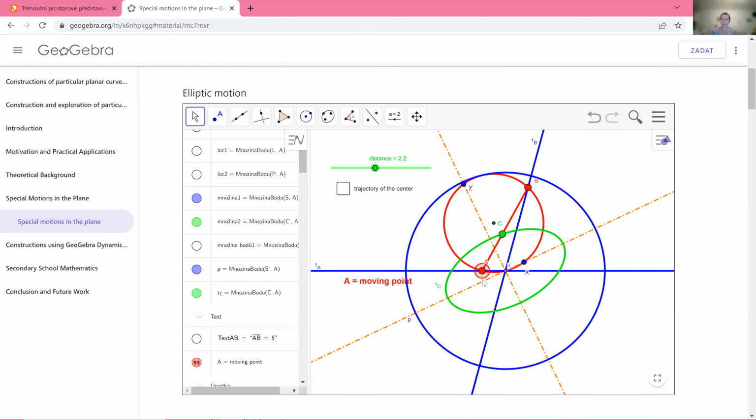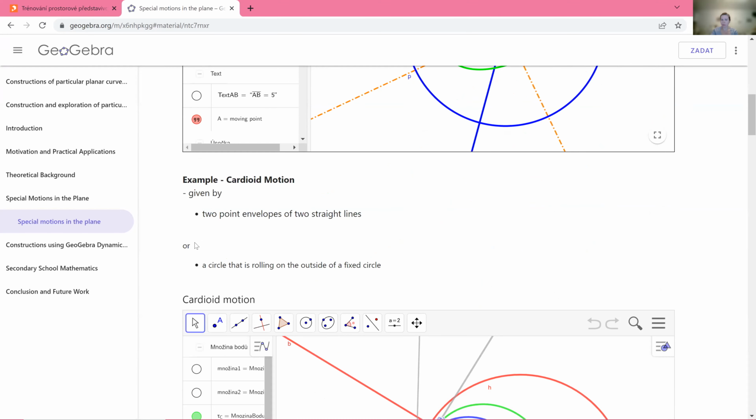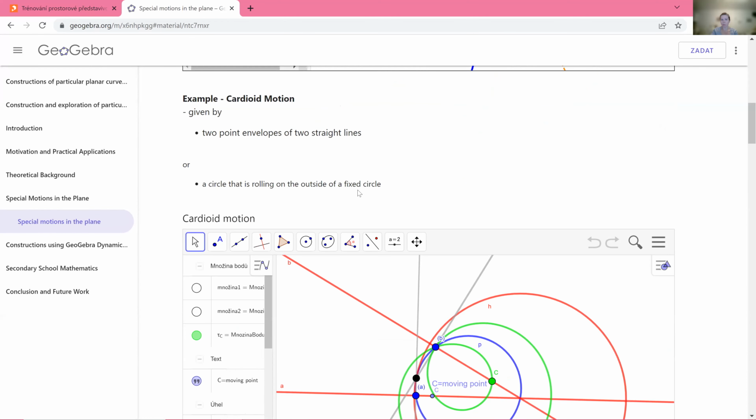Also, we can change the determination of the motion, so that this motion is given by two circles, where one circle is moving inside the second circle, which has double the radius. And we can also get this motion. Again, many practical applications of this. Or cardioid motion, which means that two point envelopes of two straight lines are given.